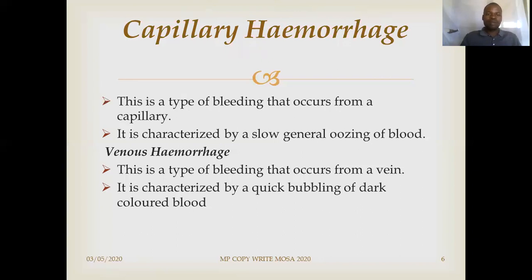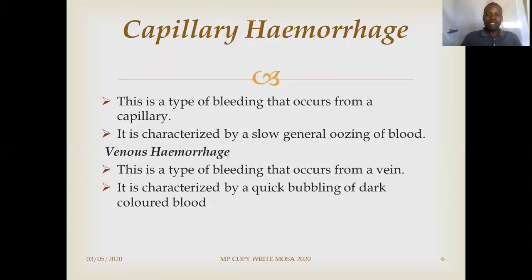Another classification is venous hemorrhage. This is the type of bleeding that occurs from the vein. It's characterized by a quick bubbling of dark colored blood. You can now see some difference between capillary and venous bleeding.